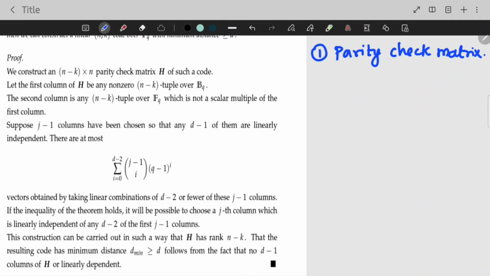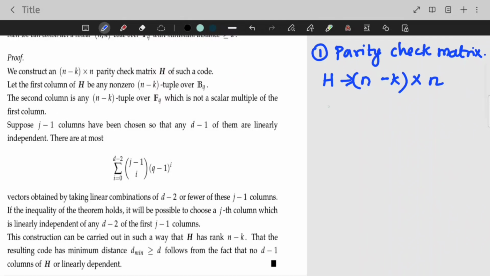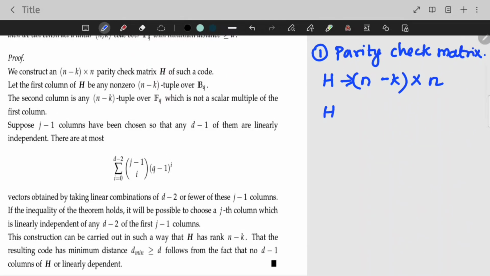First and foremost, we are aiming to construct a parity check matrix H of size n minus k cross n such that the resulting code has minimum distance at least d. So first we start constructing H column by column. Each column is a vector in Fq to the n minus k.